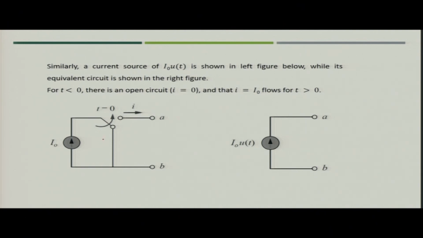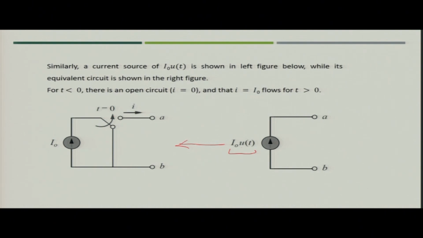Similarly, for current, let us say that the current source is I naught multiplied by the unit step function. I naught u(t) is the current source which is connected between terminals A and B. Now, if you want to represent it through the switch, this would be the circuit.